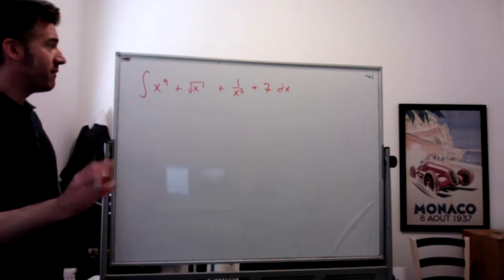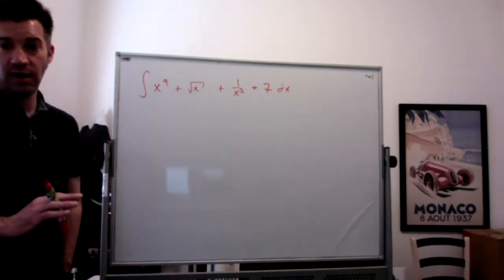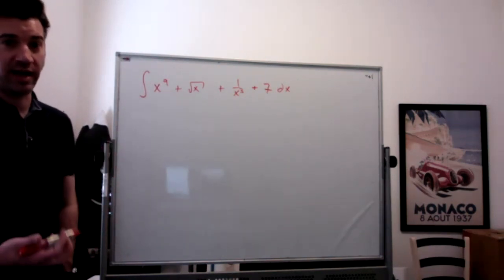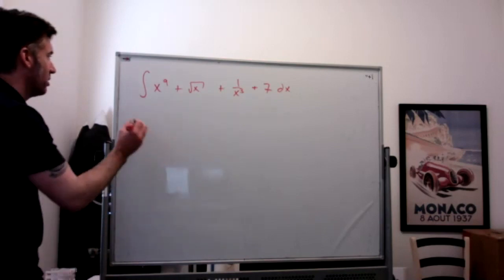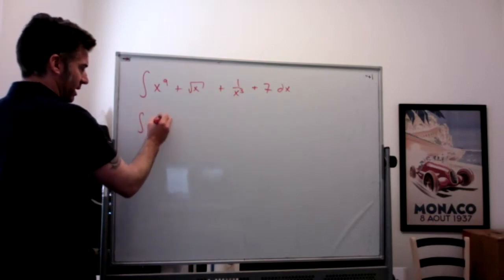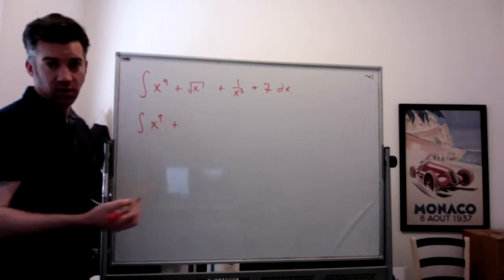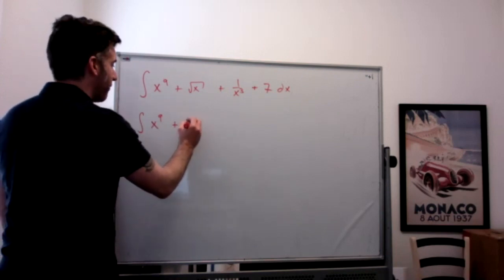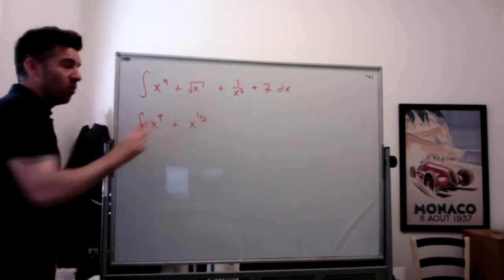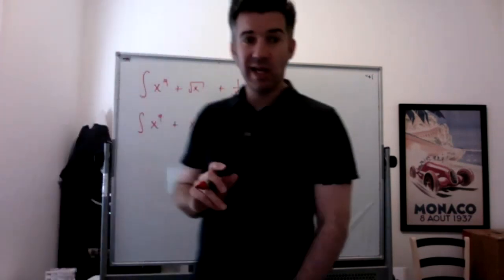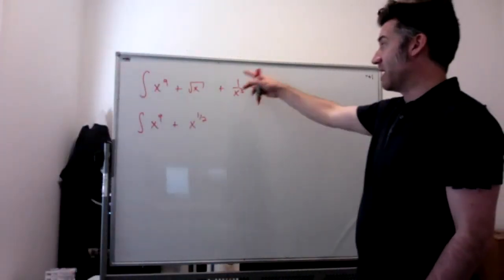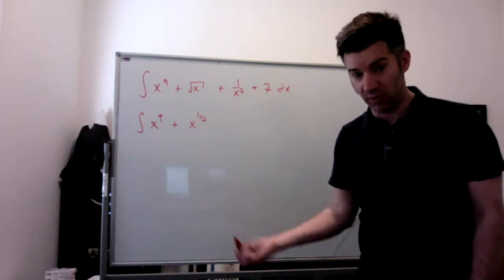So before we antidifferentiate, it's really going to be in our interest to write everything as x to a power. So I want to write this as, well, this is x to the 9th. Square root of x is x to the 1/2. 1 over x cubed. So here's the thing. You cannot say the antiderivative of this is 1 over x to the 4th over 4. Right?